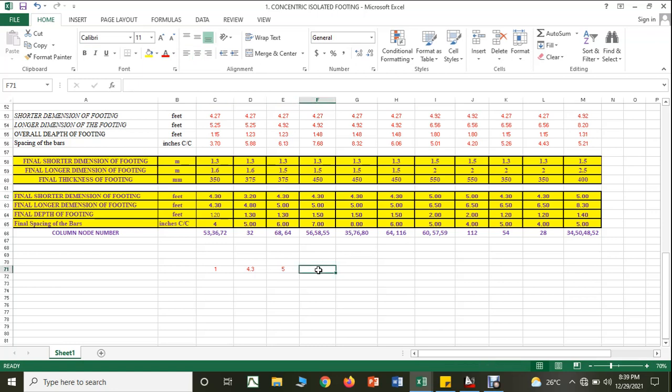And what are the columns that we consider? We will consider these two, these two, this, and this. All these columns will be under this set. That means what are those?